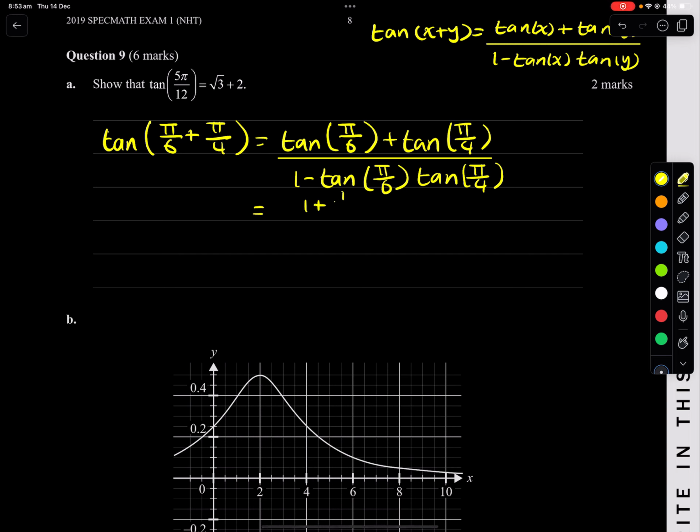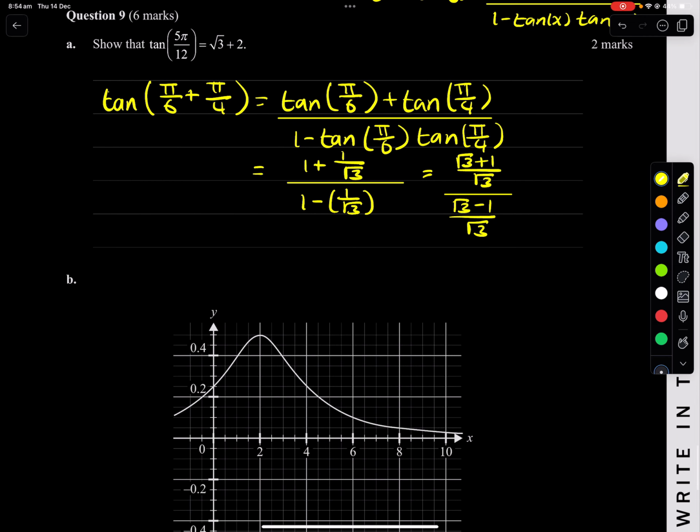So we can write it as 1 plus 1 over root 3 all divided by 1 minus, remember tan pi over 6 is just 1 over root 3, so it'd be 1 over root 3 multiplied by 1, since tan pi over 4 is just 1. So we get this, and let's make a common denominator of root 3, so it'll be root 3 plus 1 over root 3, all divided by root 3 minus 1 over root 3.